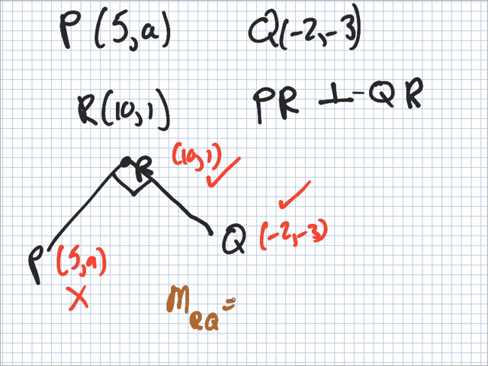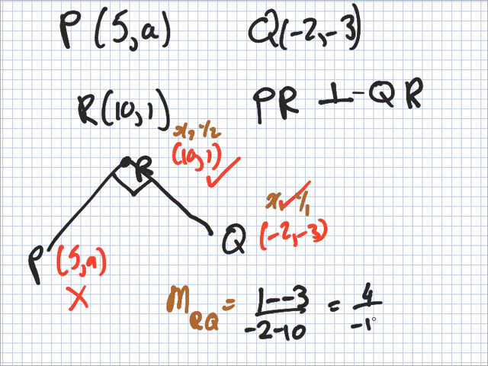So, I'll call this one x2, y2, and this one x1, y1. So that's 1 minus minus 3 over minus 2 minus 10. So that's 4 over minus 12. That's minus 1 over 3.